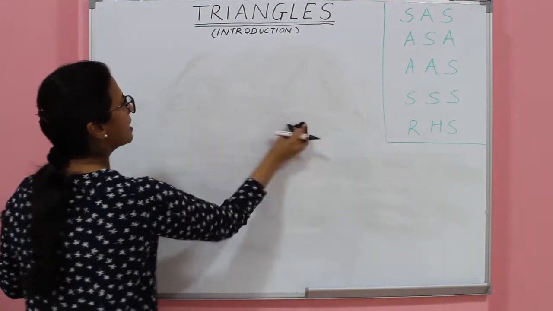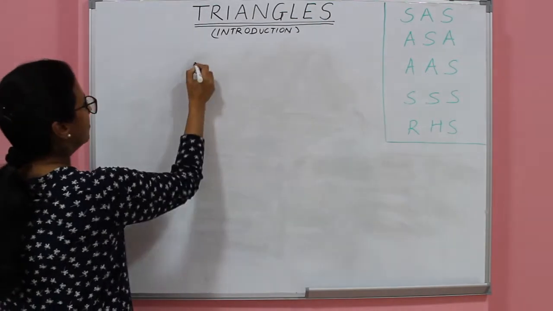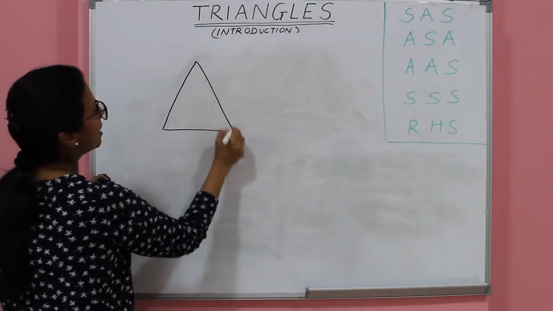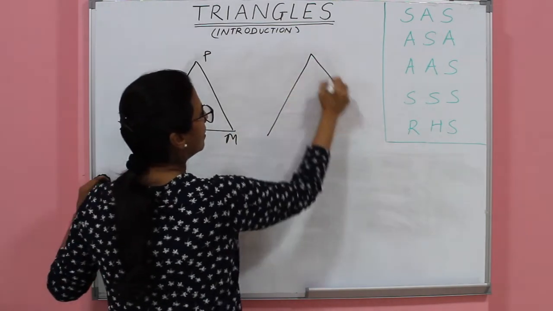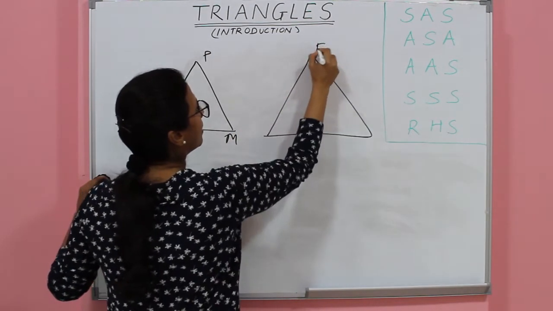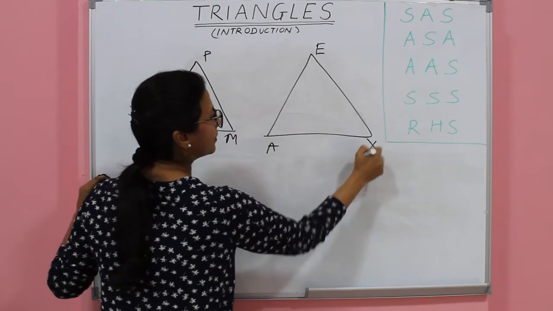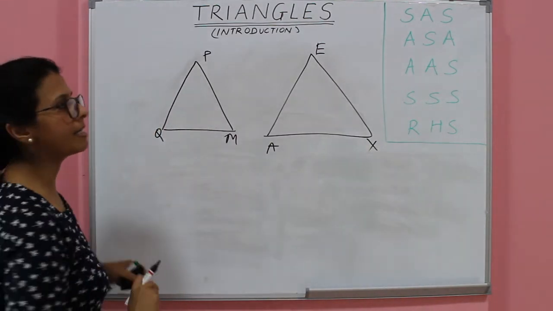Now suppose the two triangles given are PQM and EAX.